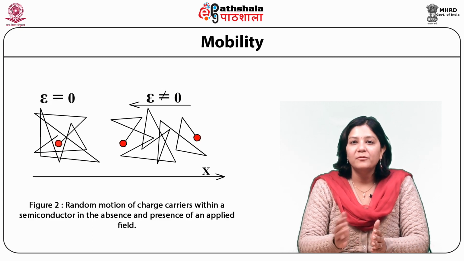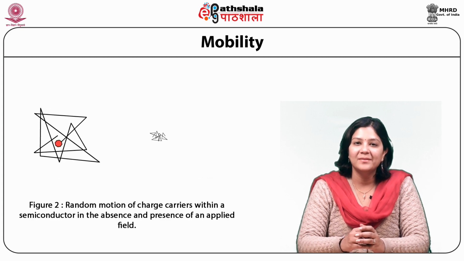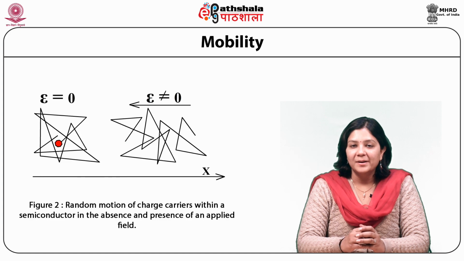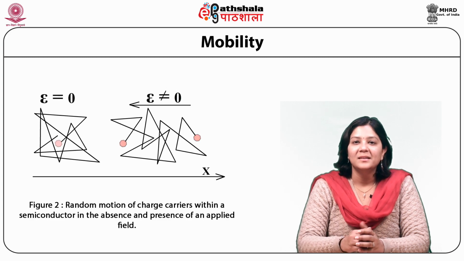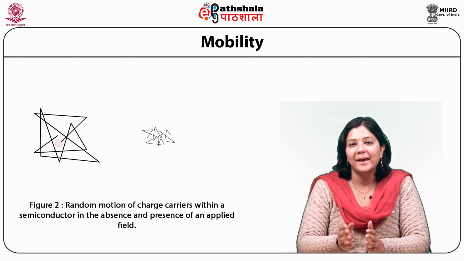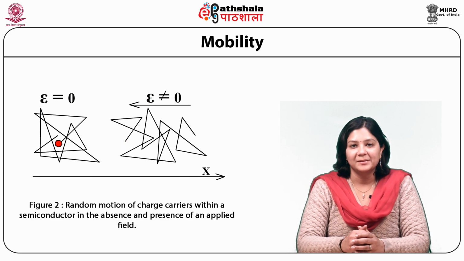The carriers move with a thermal velocity of about 10 raised to power 7 centimeter per second at room temperature, and this value is much larger than the usual drift velocity on applying external fields to carriers in a semiconductor.